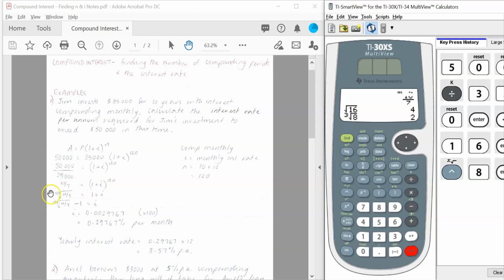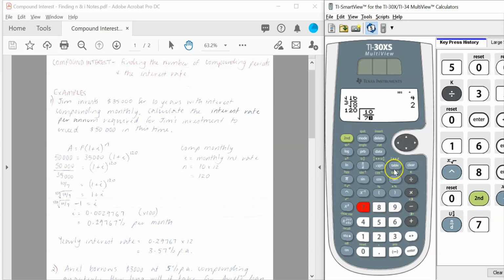So in our case here, we want to do the 120th root of 10 over 7 using my fraction key to enter 10 over 7. We just do a little check and make sure that the calculator is doing the 120th root and it's not doing 120 times the square root.